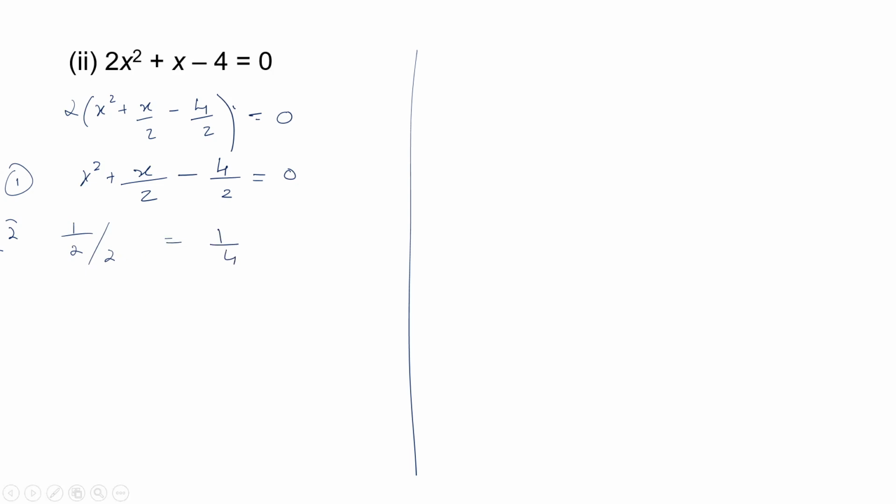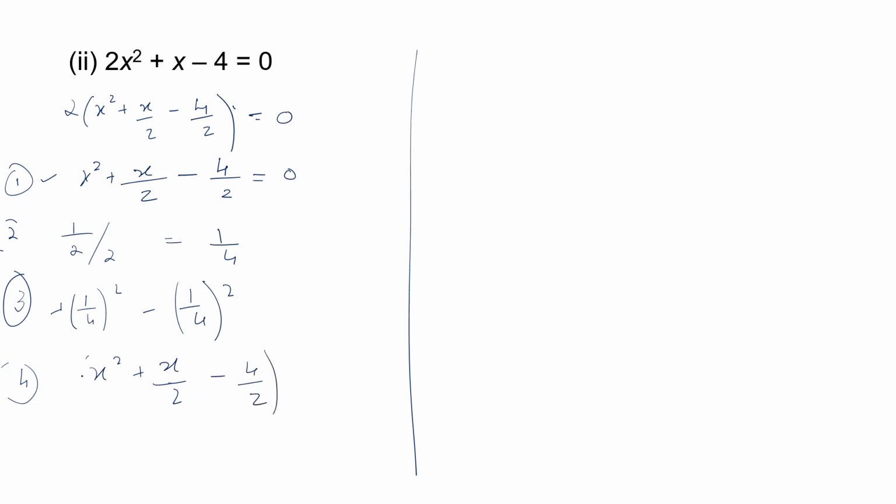Okay. And the third step is, square it, add and subtract. Square it, add and subtract, with what? With the first equation. Okay. So x square plus x by 2 minus 4 by 2, the equation will be as such.